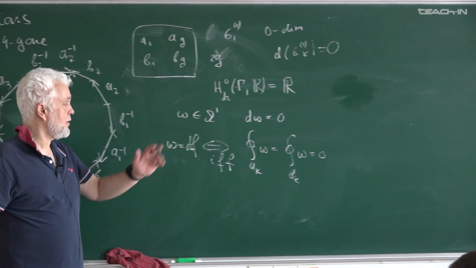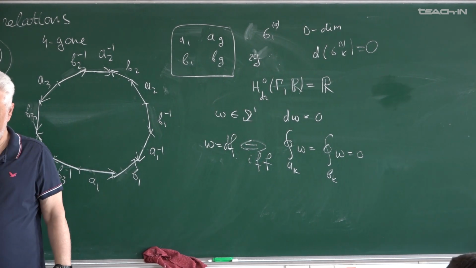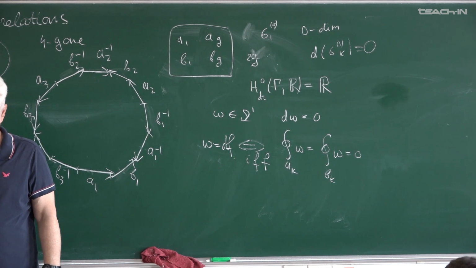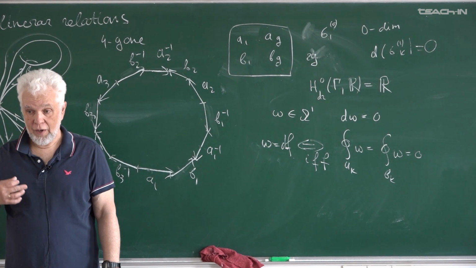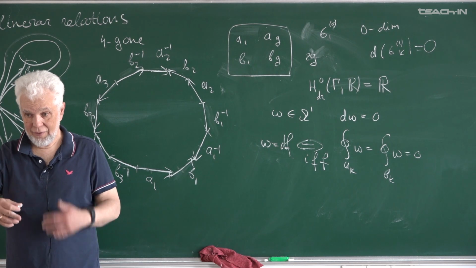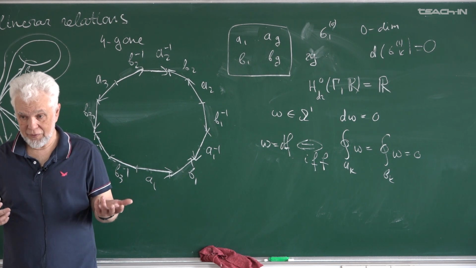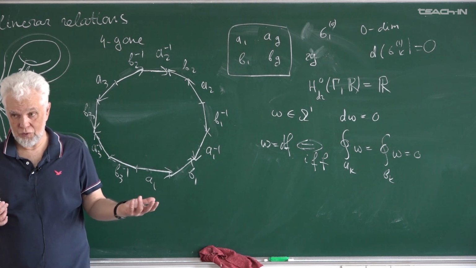It is necessary and sufficient that integrals over all cycles are equal to 0, you agree? Because if you have an exact differential, the integrals over all cycles are equal to 0. And vice versa, if integrals over all cycles are equal to 0, then you can take the primitive and it will be single-valued. Therefore, it's a necessary and sufficient condition.